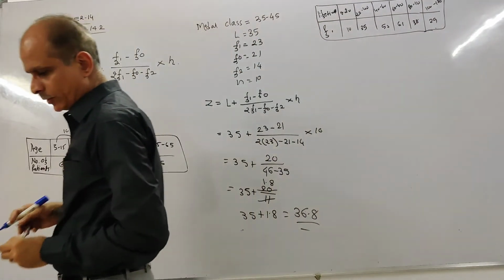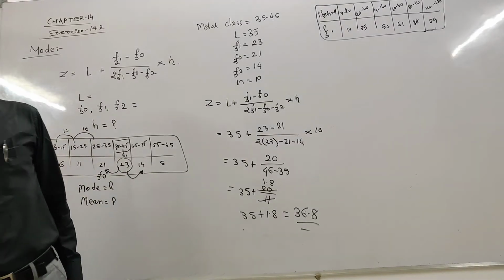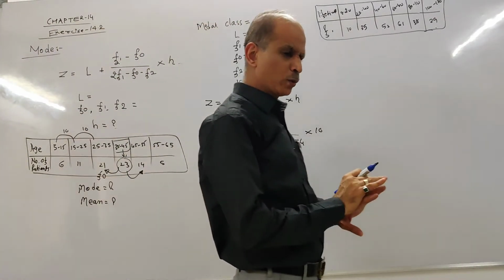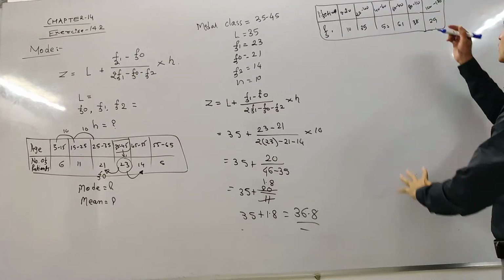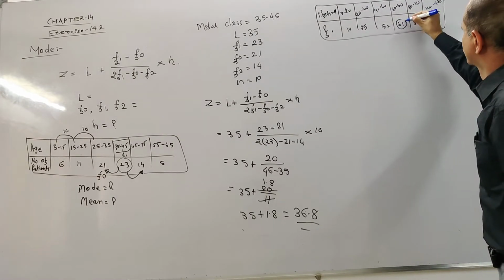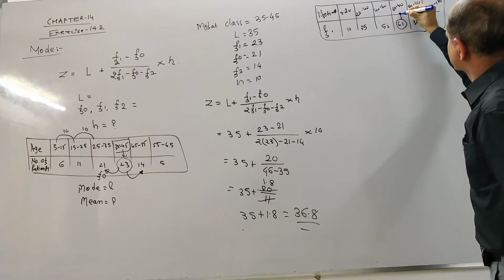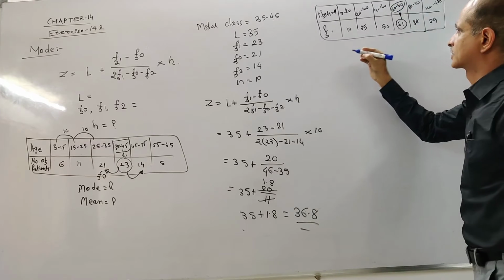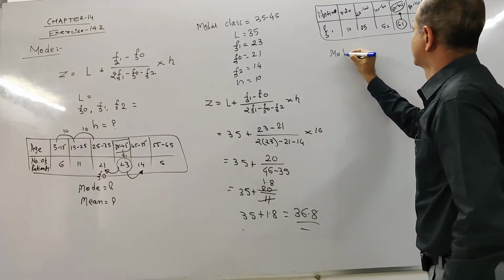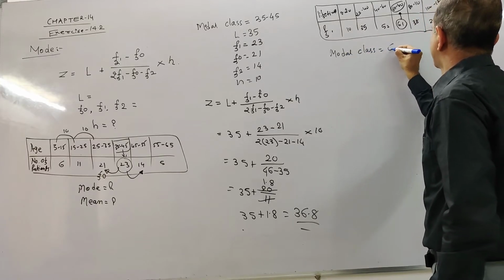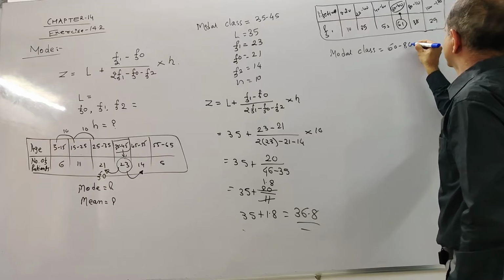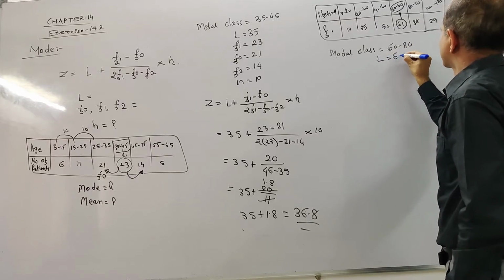Friends, so here your question is to find out the mode. You know, there is no need to prepare any table. From this table, the highest frequency is 61. So the class against the highest frequency is known as the modal class. So let me write this. Modal class is equal to 60 to 80. So L is equal to 60.